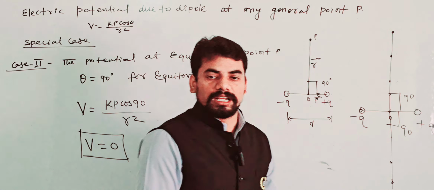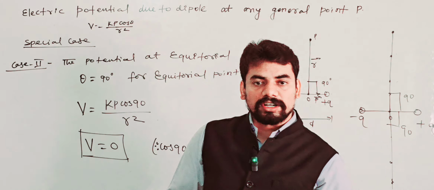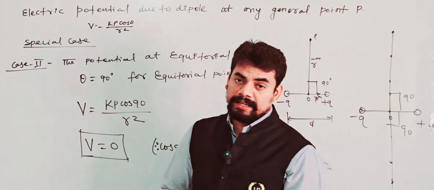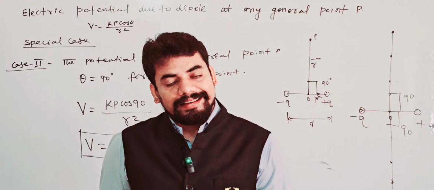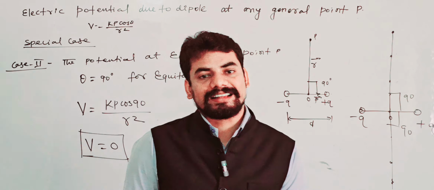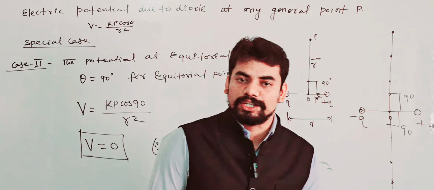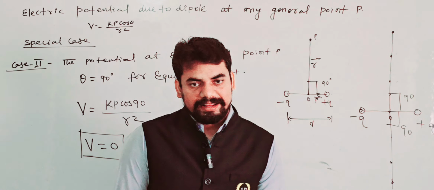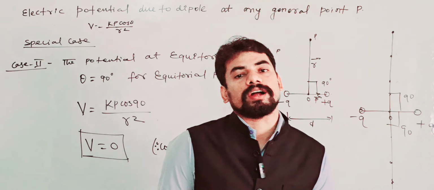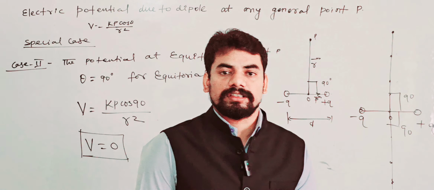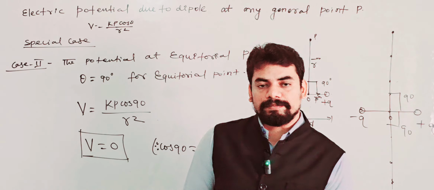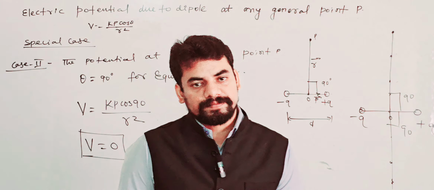So at any equatorial point, the electric potential due to a dipole is always 0. The potential at any axial point is Kp by r square, that is 1 by 4 pi epsilon naught p by r square, where p is the dipole moment, qd. It is a vector quantity and its direction is from negative to positive.